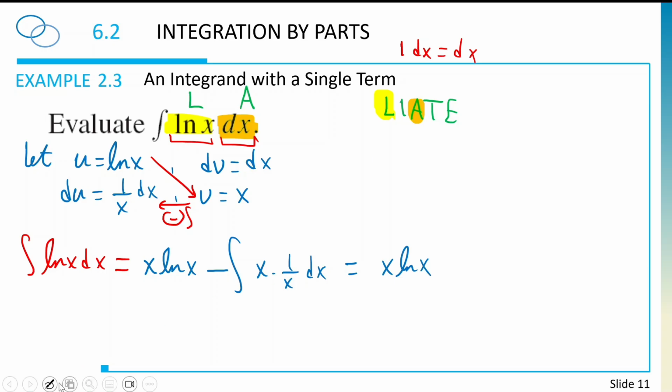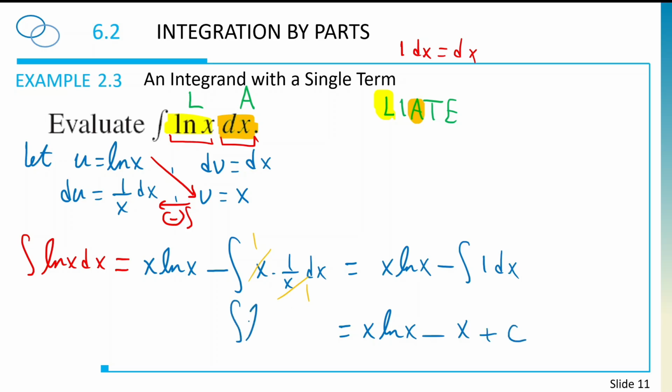Here you have x times 1 over x, which can be easily cancelled out. So this is equal to the integration of 1 dx. Is this one easy to find? Yes, for sure. So this is equal to x ln of x minus x plus c.